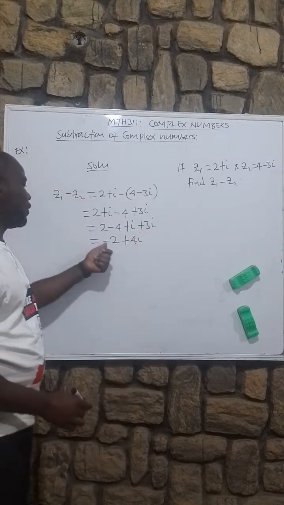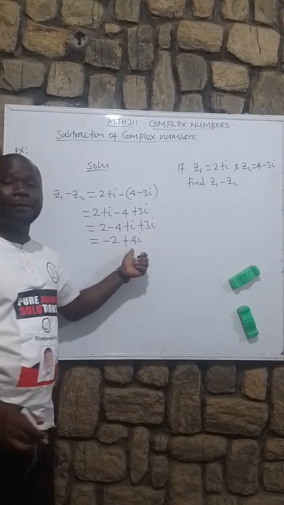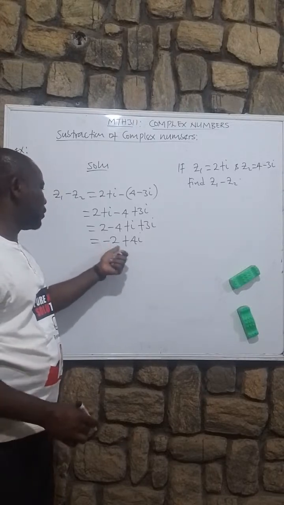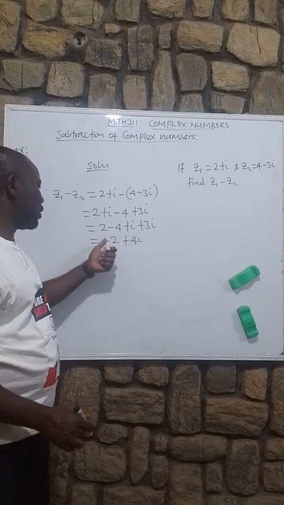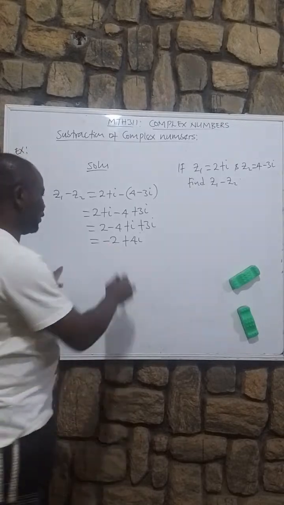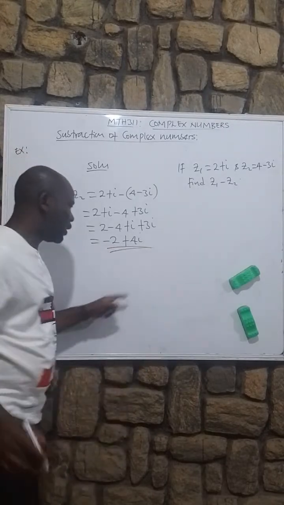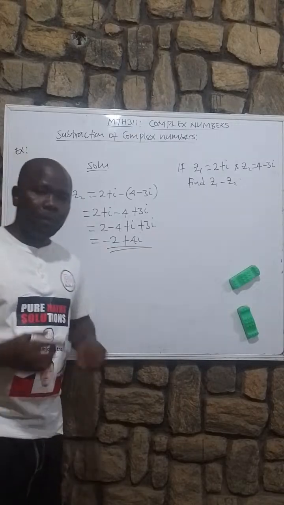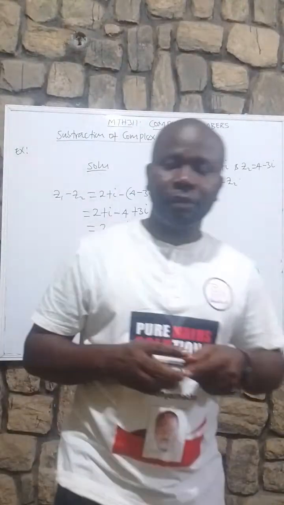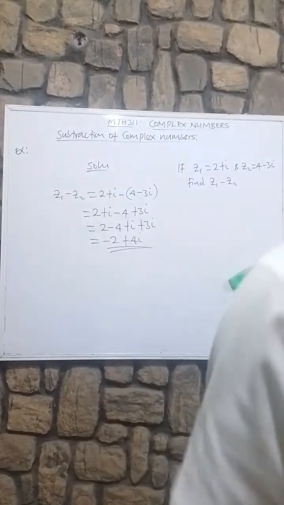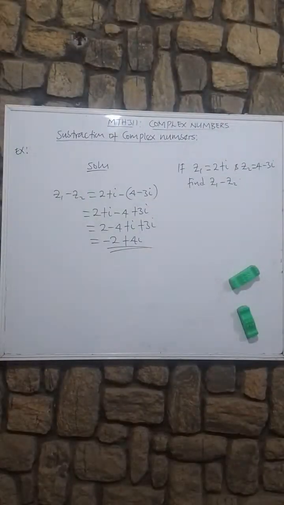If you use minus to multiply, this is 2 minus 4I, but I will advise you to leave it like this, minus 2 and plus 4I. Okay? You tried. Clap for yourself.